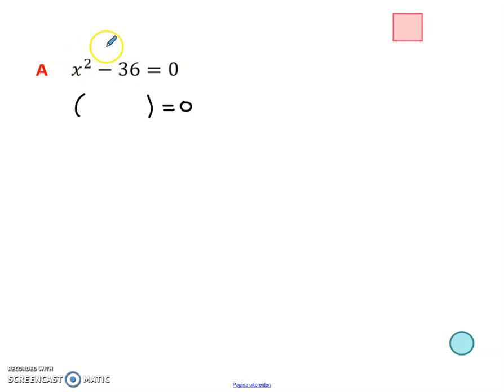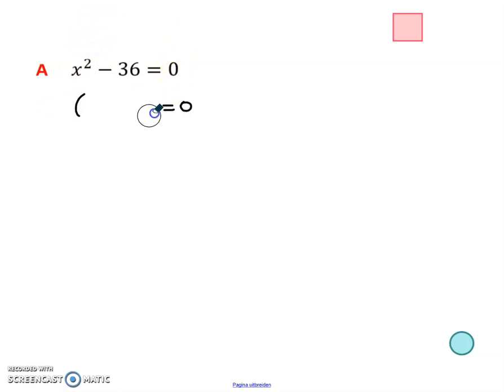Because when I look at both terms, can we find a common factor to divide them both by? For instance, I can divide this one by x, but this one is not possible to divide by x. Or this one can be divided by 6, but this one cannot. So it's really hard to factorize this one, even if it looks like a binomial.